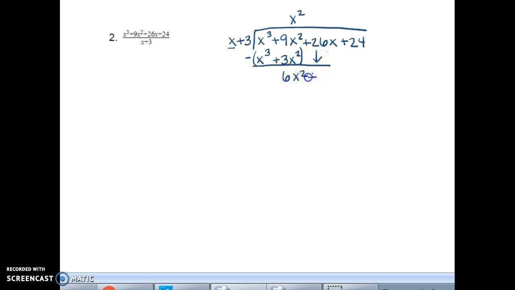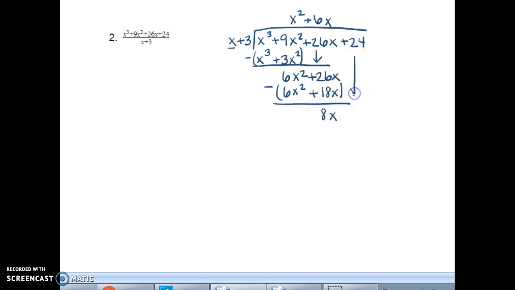You bring down the next term. How do you make an x become a 6x squared? Well, you need a 6 and you need another x. So 6x times x is 6x squared. 6x times 3 is 18x. And then you subtract. These would cancel. 26 minus 18 is 8x.